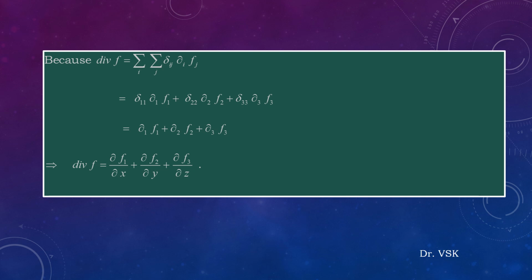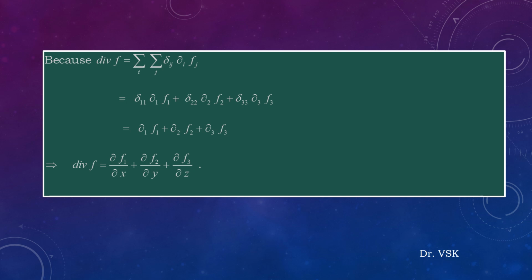So let us start with the divergence of the given vector field by using the Kronecker delta. Div f equals sigma over i, sigma over j, delta suffix ij, dou i fj. This is our new notation for the divergence of the vector field f. Let us expand this summation.